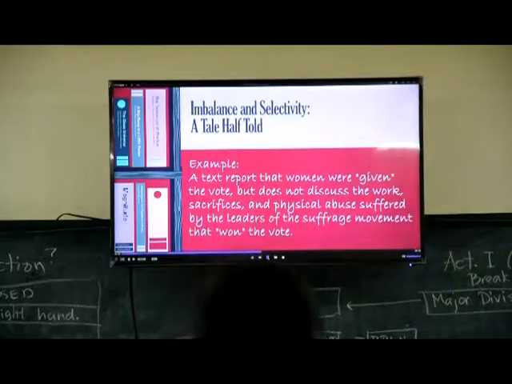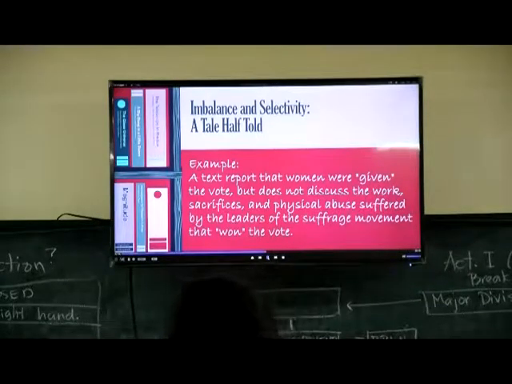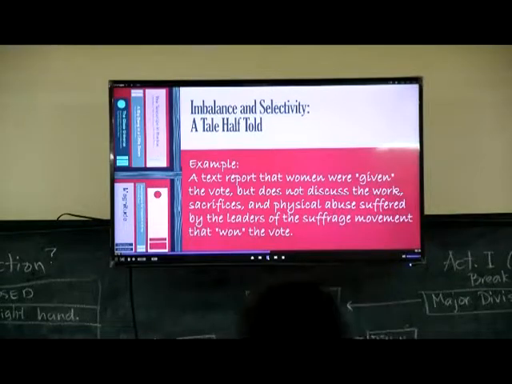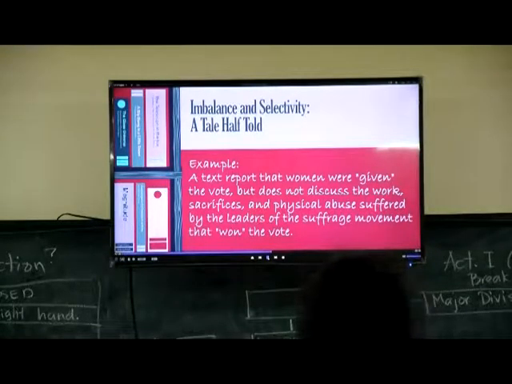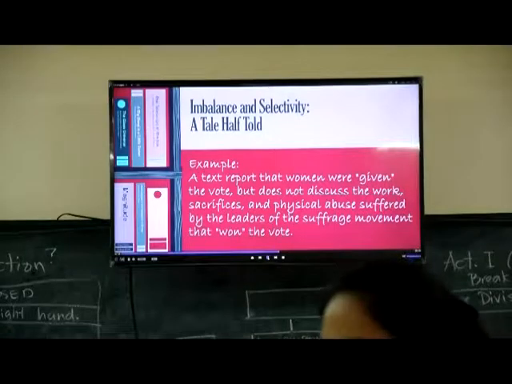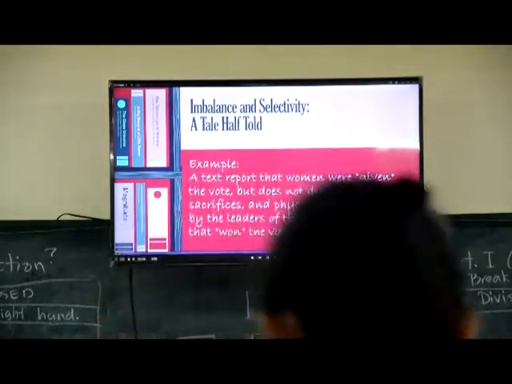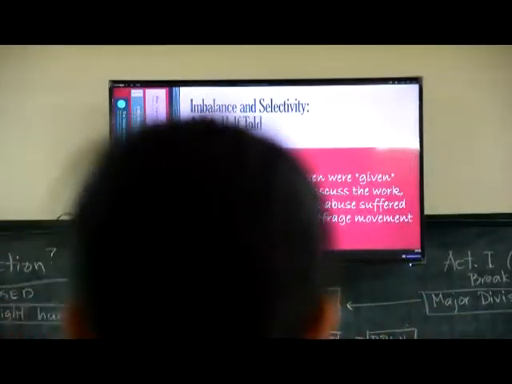A text reports that women were given the vote, but does not discuss the work, sacrifices, and even physical abuse suffered by the leaders of the suffrage movement that won the vote. Second, literature is drawn primarily from Western male authors. Lastly, math and science courses typically reference European discoveries and formulas.